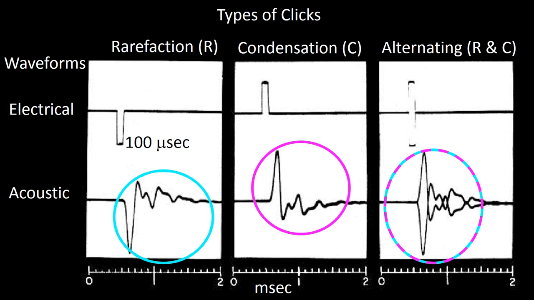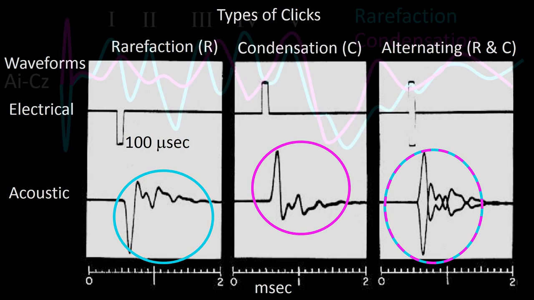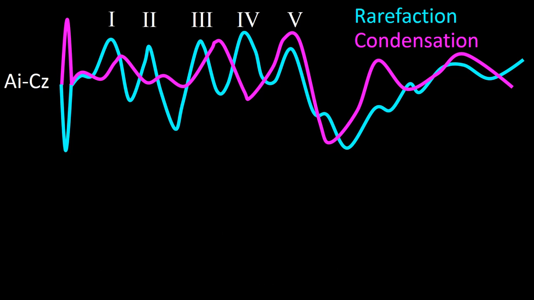When these two methods are combined during the collection phase, the term used is alternating polarity. In this frame, I have superimposed the wave produced by both modalities gathered individually.